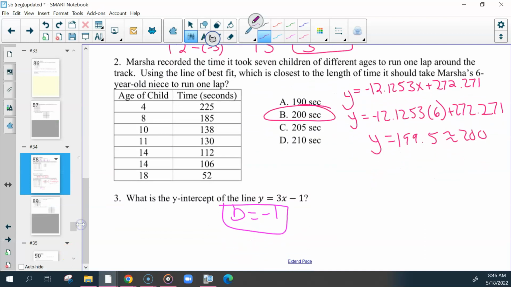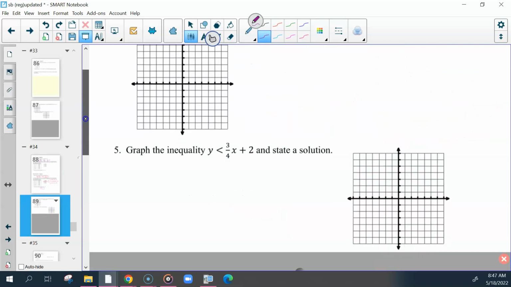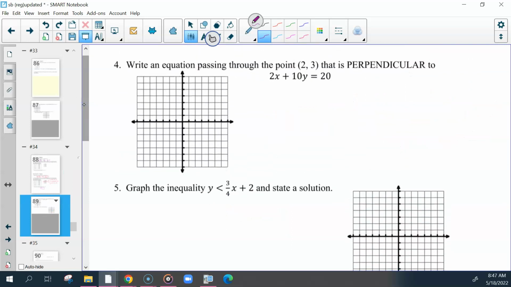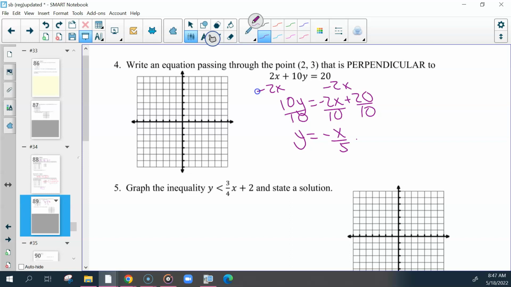Okay. And then the y-intercept for number 3 was -1. For number 4, if you solve this equation, subtract 2x on both sides, and divide everything by 10, you have negative x over 5 plus 2.